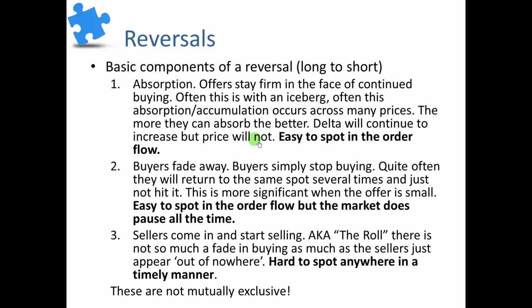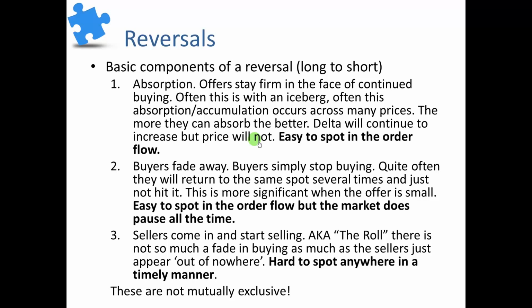Okay, and there is a time element to it. It takes time for the buyers to realize that nobody else is buying anymore. Okay, once the buyers realize that, then they're going to start to unwind, and you will see sellers coming. Okay, now the third element of reversal is sellers coming in force and the market rolling over.